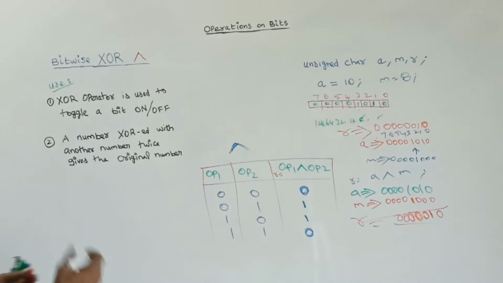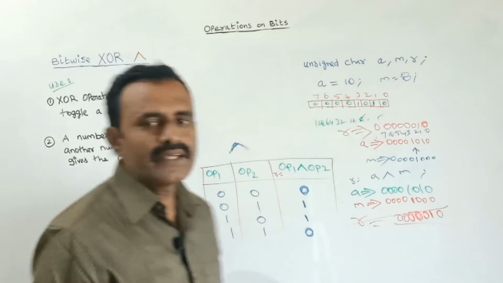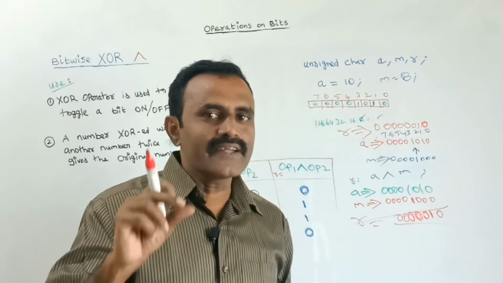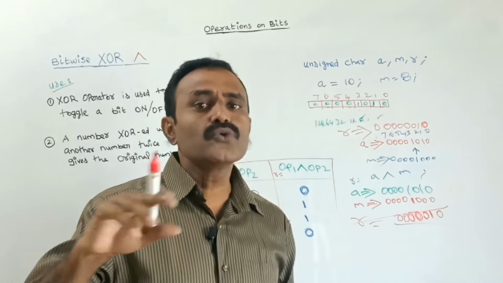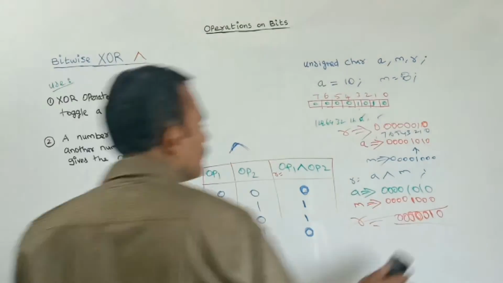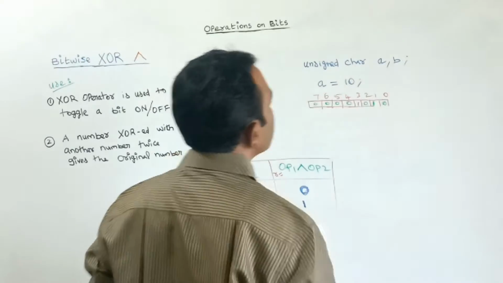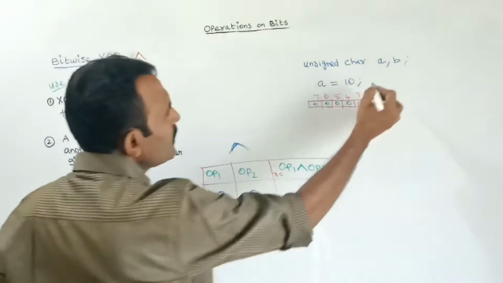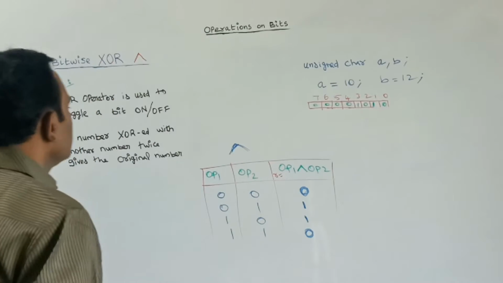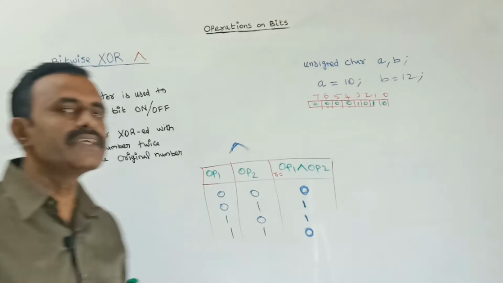Next use, let us see. If a number is XORed with another number twice, then it gives the original number.